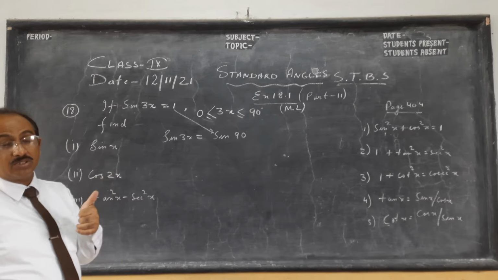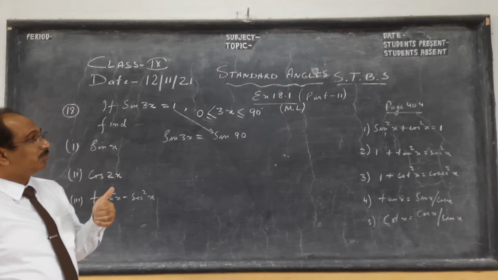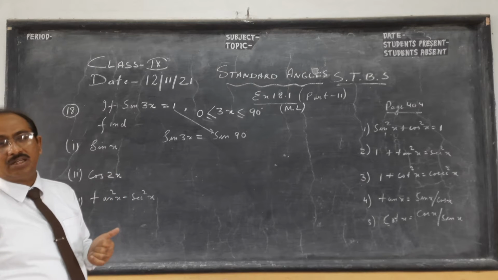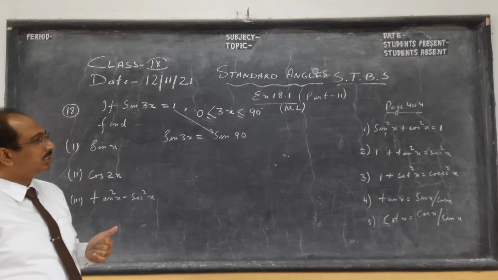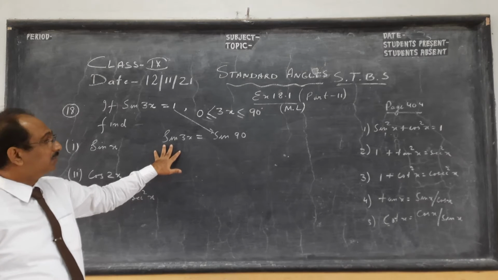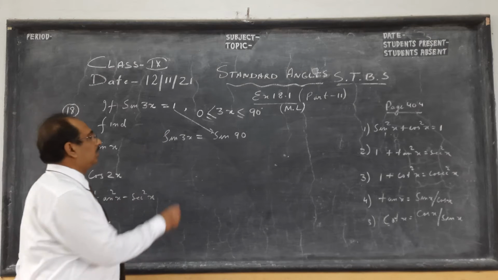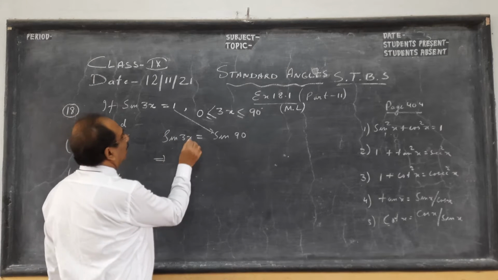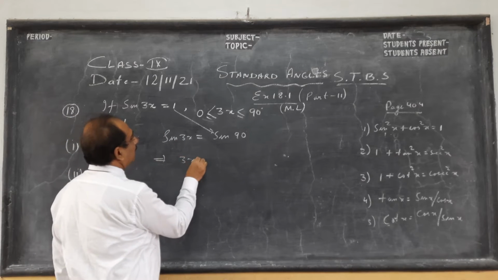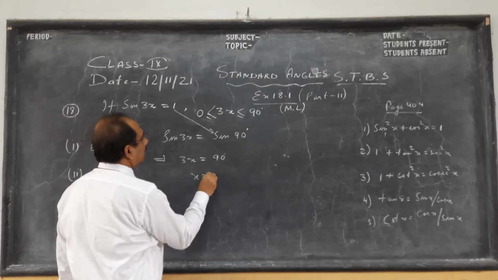One of my videos, maybe part 8, is about the tricks of how to remember the values of standard angles, like sine 90 is 1. So omitting sine, we get 3x is 90 degrees, so x is 30 degrees.